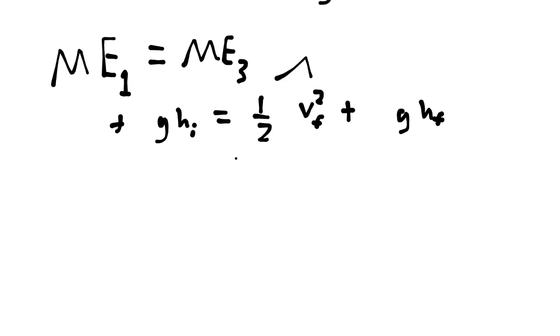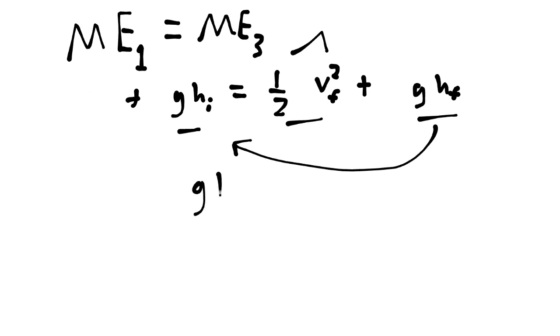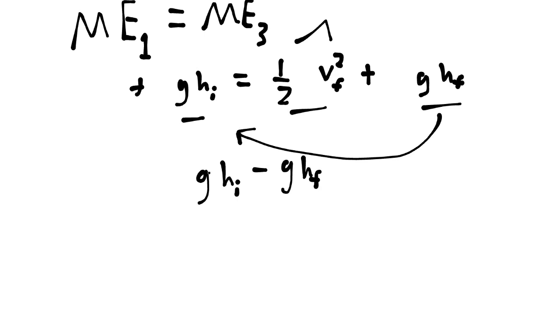Okay, so we have 3 terms here. We have this term, that term, and this term. So I'm going to move this one over to that side. This is going to become GHI subtract GHF. And then I'm going to divide by 1/2, which just becomes 2.